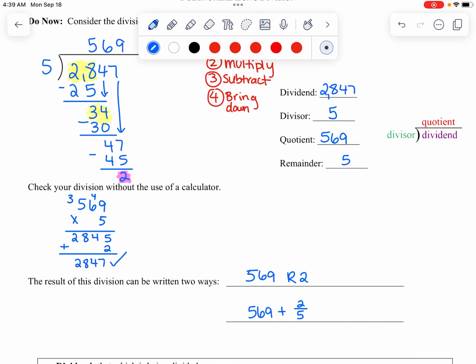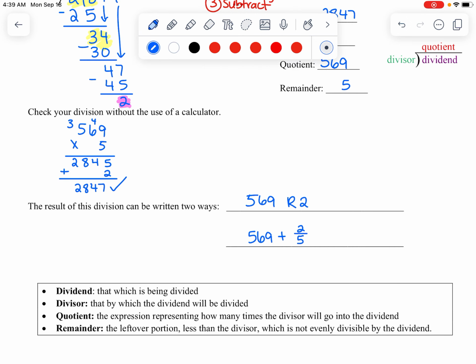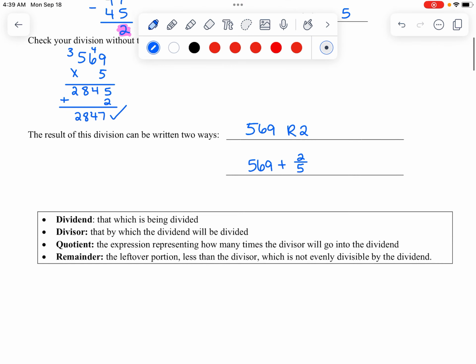So we show it with remainder over 5. So 569 plus 2 over 5, or 569 R2. We're going to kind of come back to these as we divide today with our polynomials. And the words that we went through during this problem, our terms, are all defined for you below.